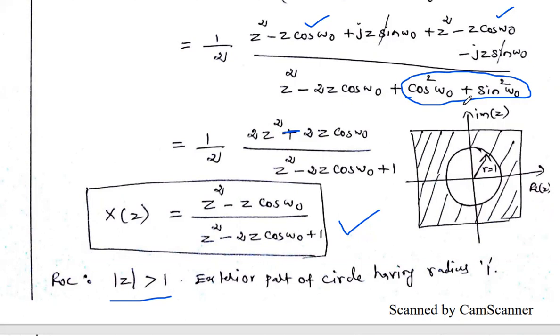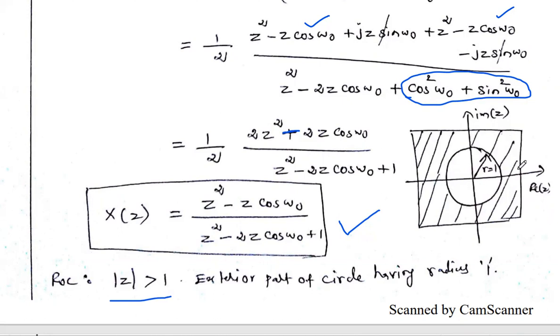What is the meaning of modulus of z greater than 1? In the ROC diagram, along the x-axis you take real of z, along the y-axis you take imaginary of z, and we draw a circle of radius r equal to 1. According to the ROC condition, modulus of z greater than 1, which region?